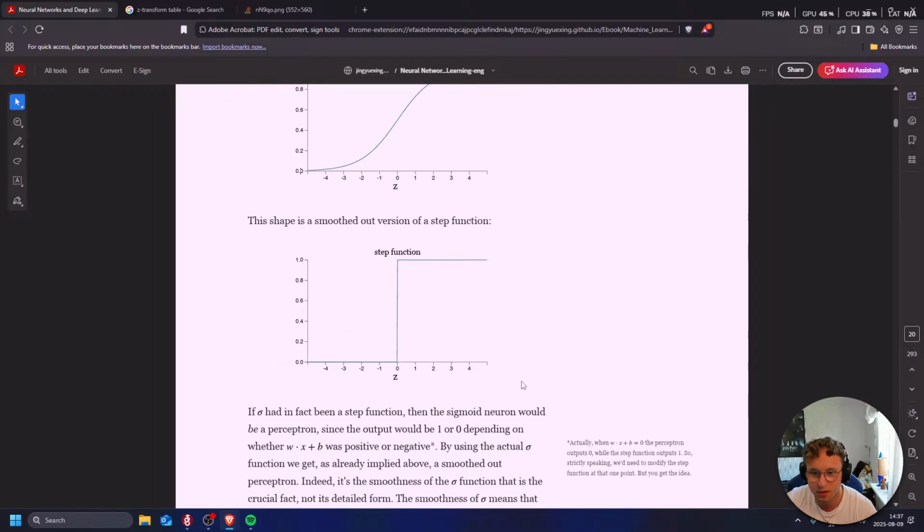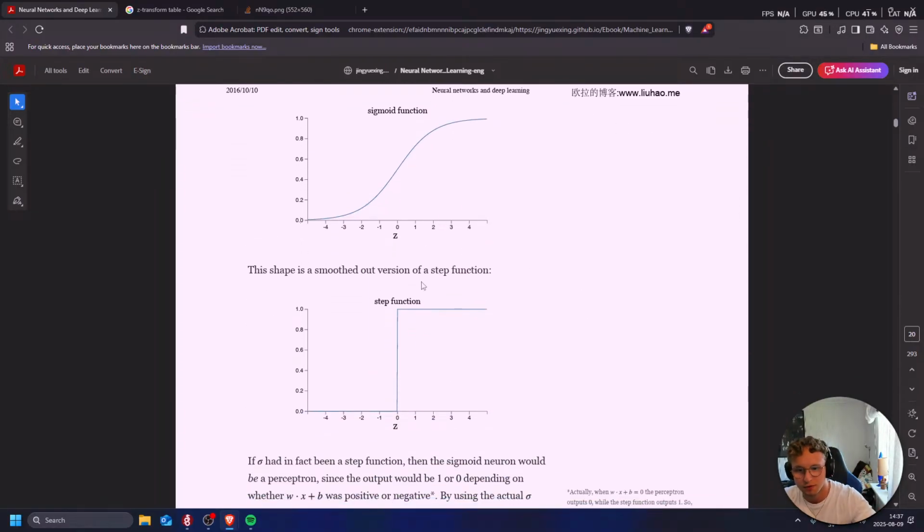And now we're gonna do the step function. So this is I think a closed interval, and this is an interval. So this is how a perceptron works. Okay, that's interesting.